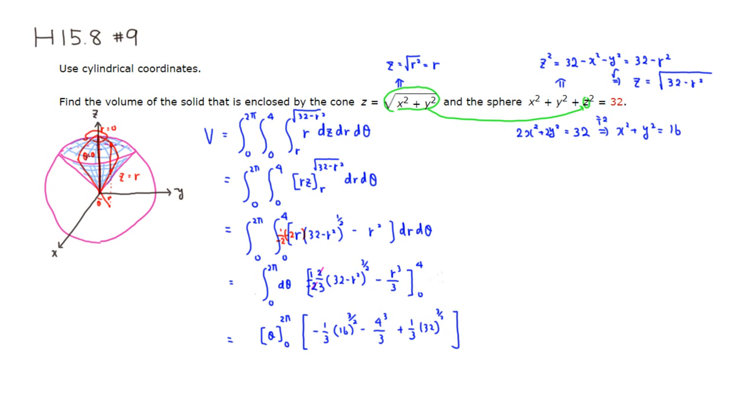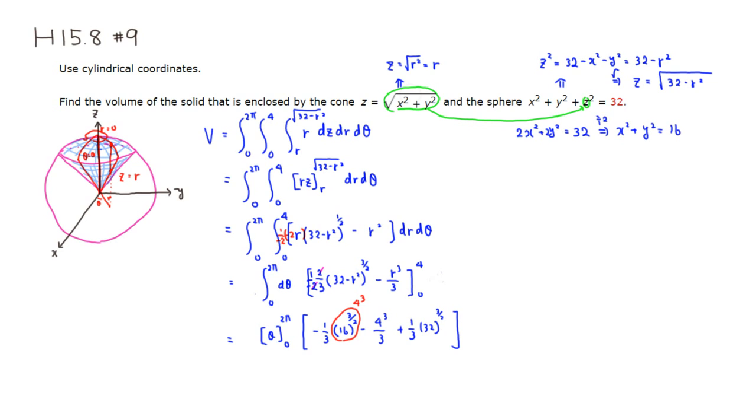So 16 to the 1/2 power would be the square root, so that's going to be 4, and 4 cubed is 64. With the negative sign, we actually have negative 4 cubed over 3 minus 4 cubed over 3.